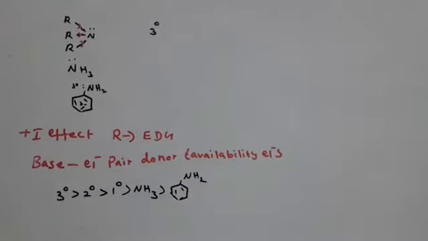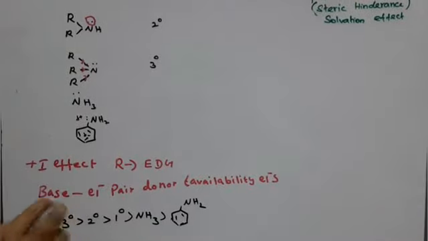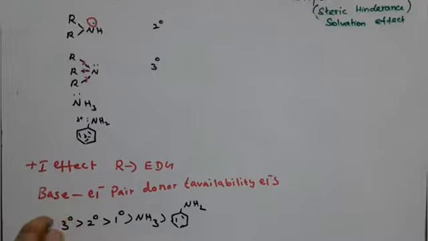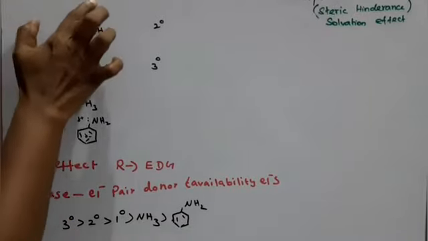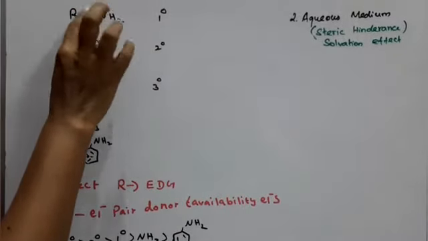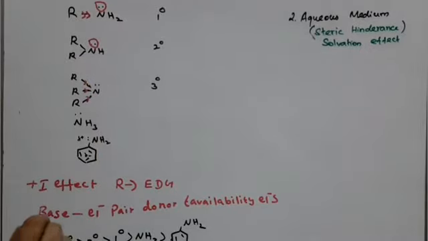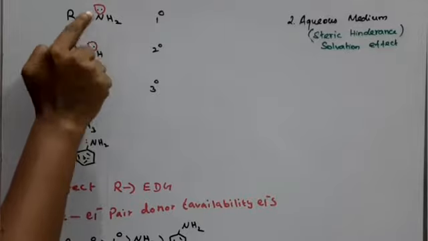Students, among the alkyl amines, the first factor is the inductive effect. Electron releasing groups always release electrons, so the nitrogen atom, which contains the lone pair, has maximum availability of electrons, and this decides the basic character.